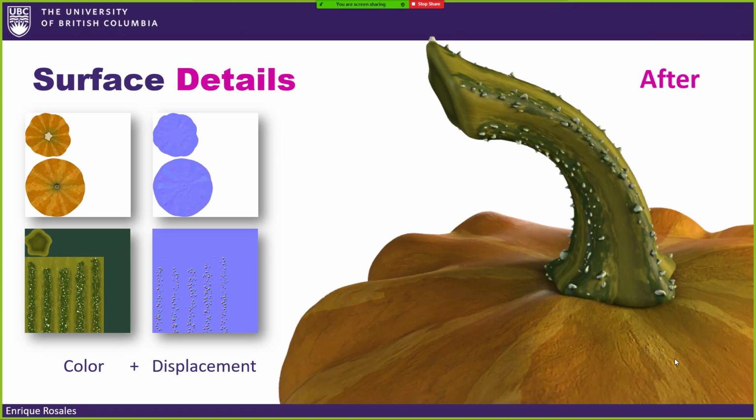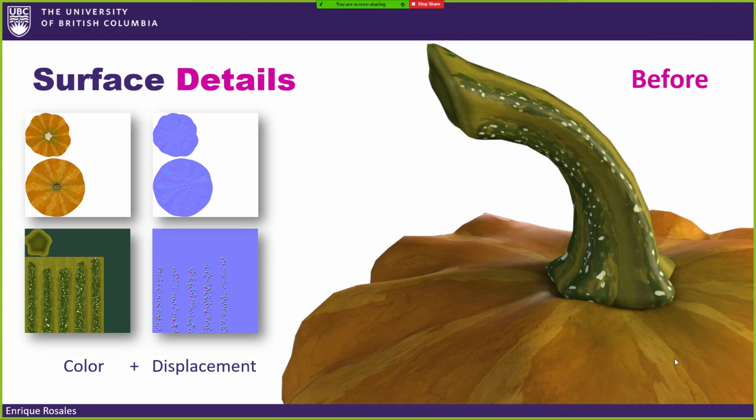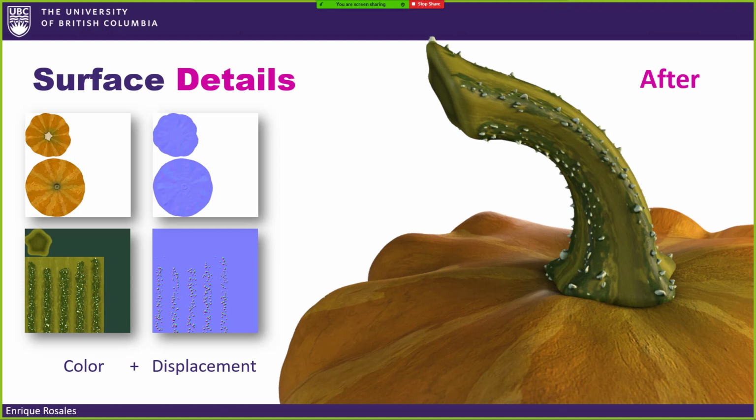So at this level of fragment detail, you can get pretty nice results, and the stem is also interesting, right? In this case I am using displacement here, and as you can see, the places in which the map for this part of the pumpkin or the squash has details are the tiny spikes.